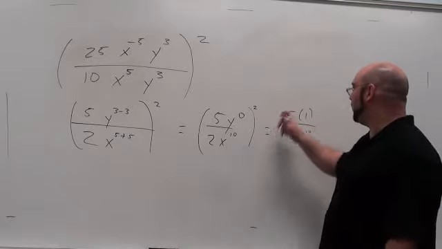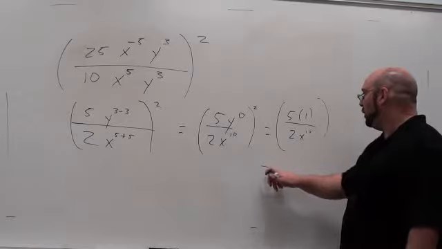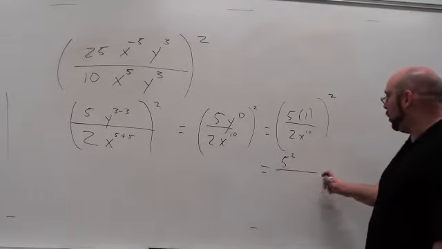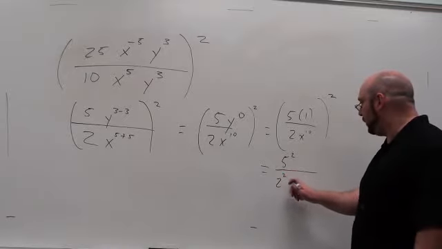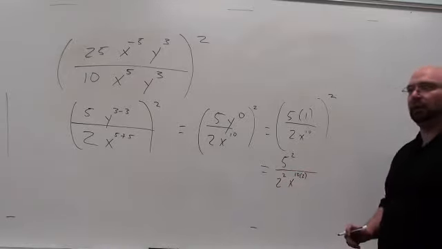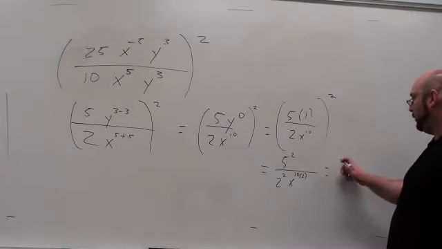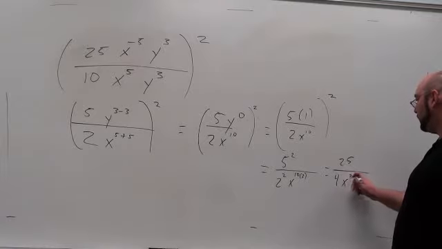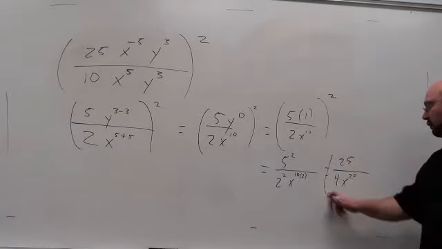And let's not forget my square. So this is 5 squared over 2 squared x 10 times 2, right? 25 over 4x to the 20, just like that.